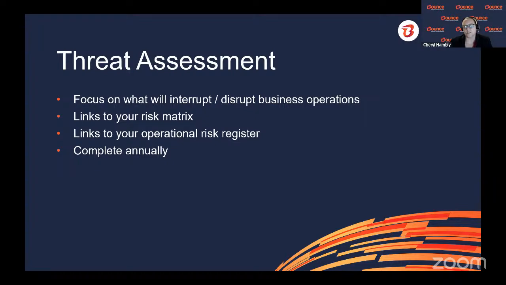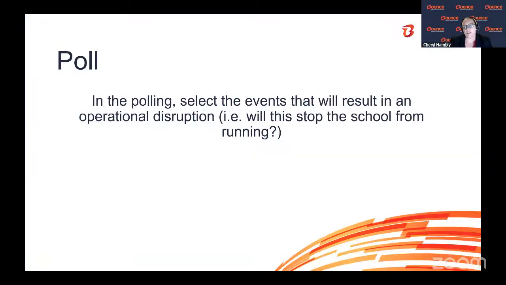Again, focusing on disruptions. So what we're going to do in the polling, we're just going to list out a few events and want you to select whether it's going to be an operational disruption or whether it's going to be probably more emergency management related or critical incident management related. So again, focusing on what's going to stop the school or your trust or your organization from operating.